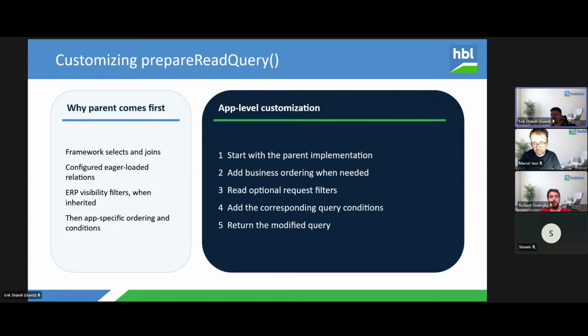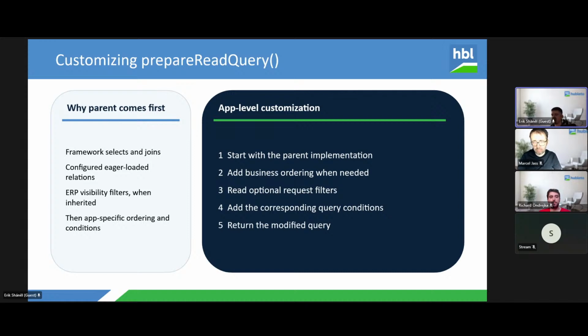On the right side is the application level customization. Once the parent has prepared the standard read, the app can add only what it needs. So, for example, it can change the ordering or read an optional request filter and add the matching condition, right?